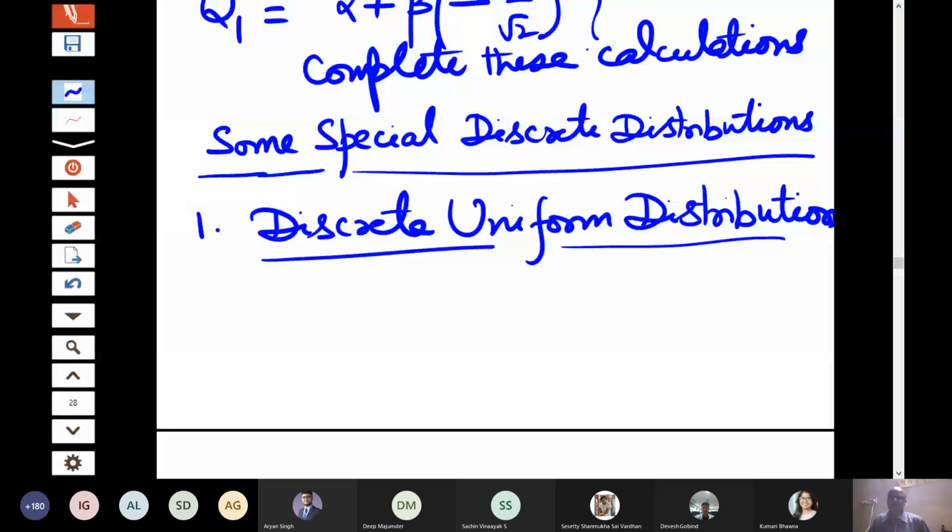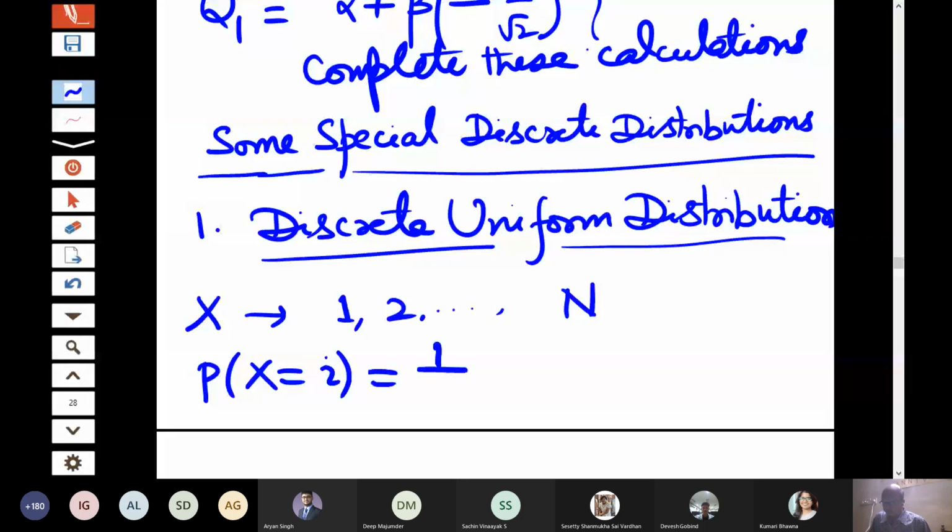Discrete means it takes a certain number of values, and it gives equal probability. So the random variable x takes a finite number of values 1 to n, each with equal probability. This is one of the simplest looking distributions.